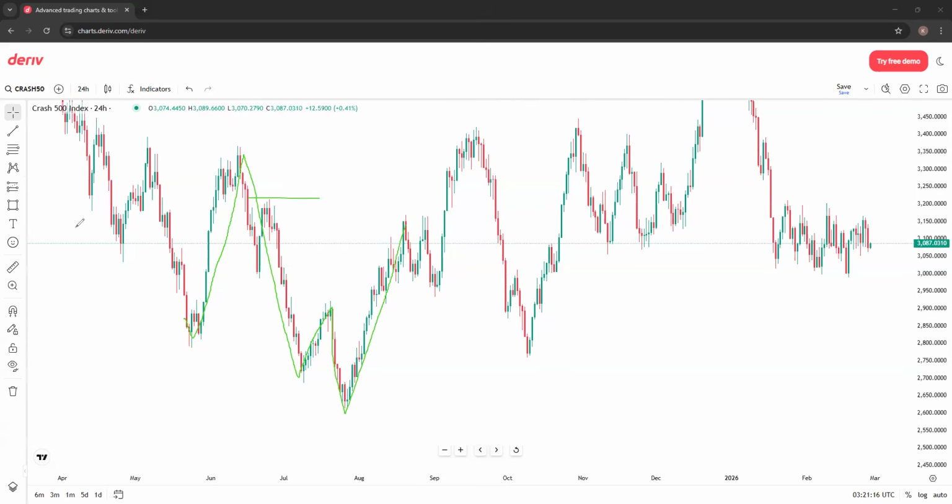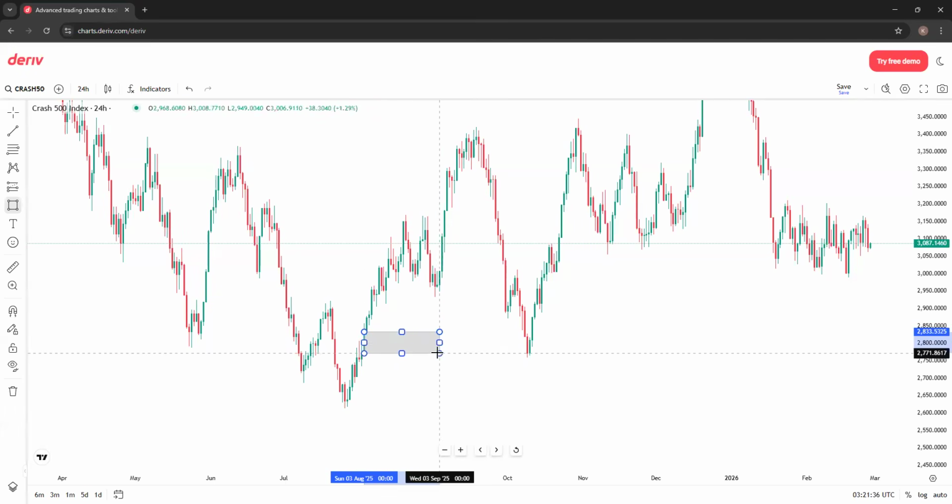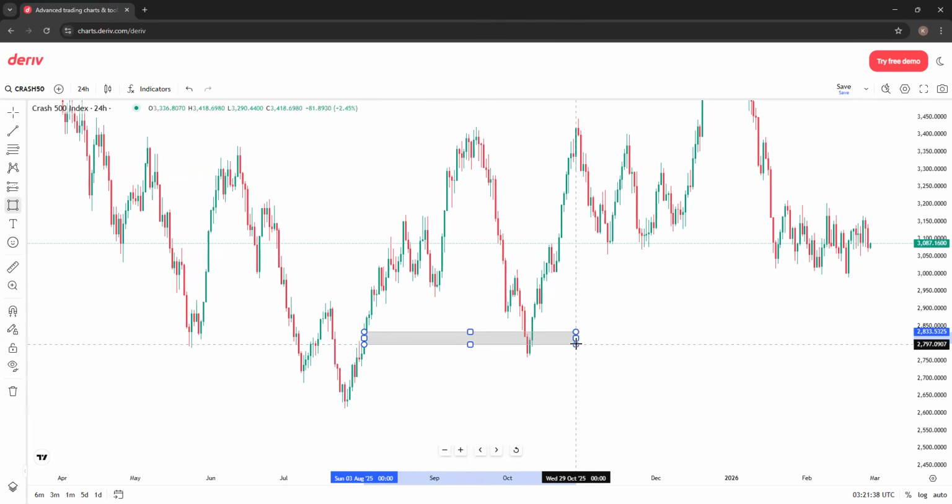So what I want you to see is we left this gap that we have over here, and automatically we know that since we've switched to an uptrend in this time frame, this gap here has to be filled, right?